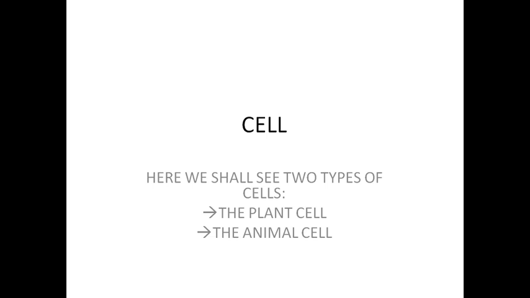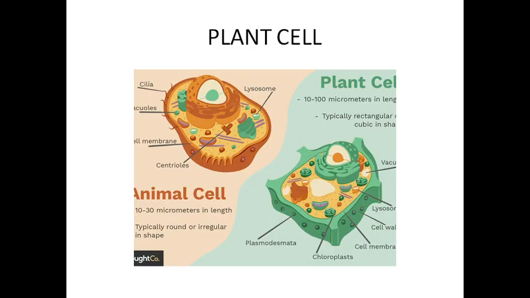So now I shall show you first two types of cells, the plant cell and the animal cell. Just have an idea about the plant cell and the animal cell.